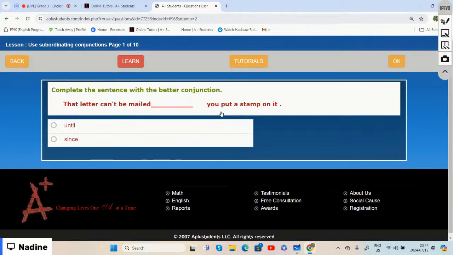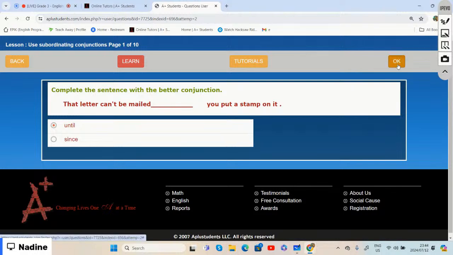Do we say until you put a stamp on it, or do we say since you put a stamp on it? So we say that letter can't be mailed, meaning it cannot, until you put a stamp on it.